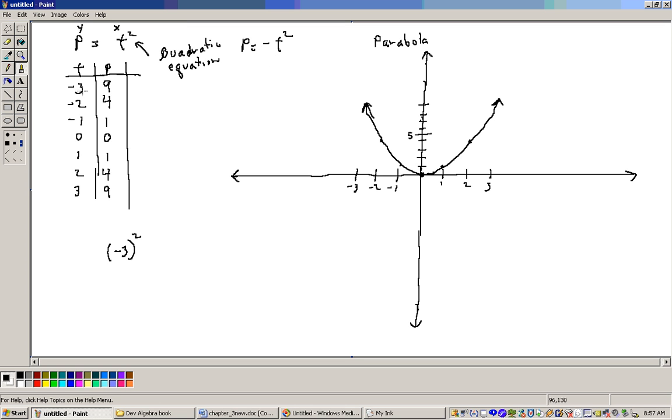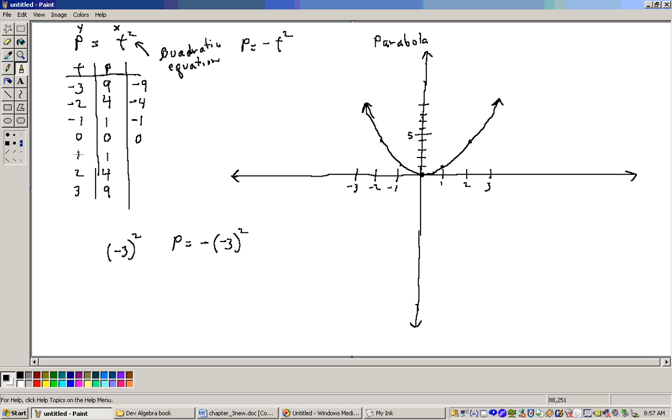So now if I put the -3 in for t, I'm substituting -3 in for just the t. So that negative is still there. I'm substituting the -3 in for t, that gets squared. Well, -3 squared is 9, and the negative of that makes -9. Same thing's going to happen when I substitute in -2. I'll get -4. Here I'll get -1, 0.